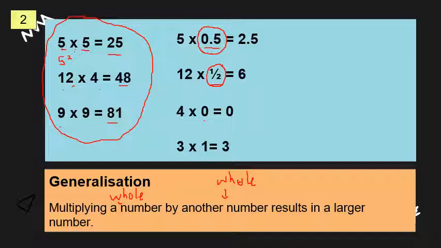Well, 0, I'd say it's actually a whole number, which sounds a little bit strange, but we consider it a whole number. Same with 1. So here, when I multiply 4 by 0, my answer is 0. So I'm not getting a larger product, I'm getting a smaller product of 0. And here, my product is the same as my starting number. It doesn't change.